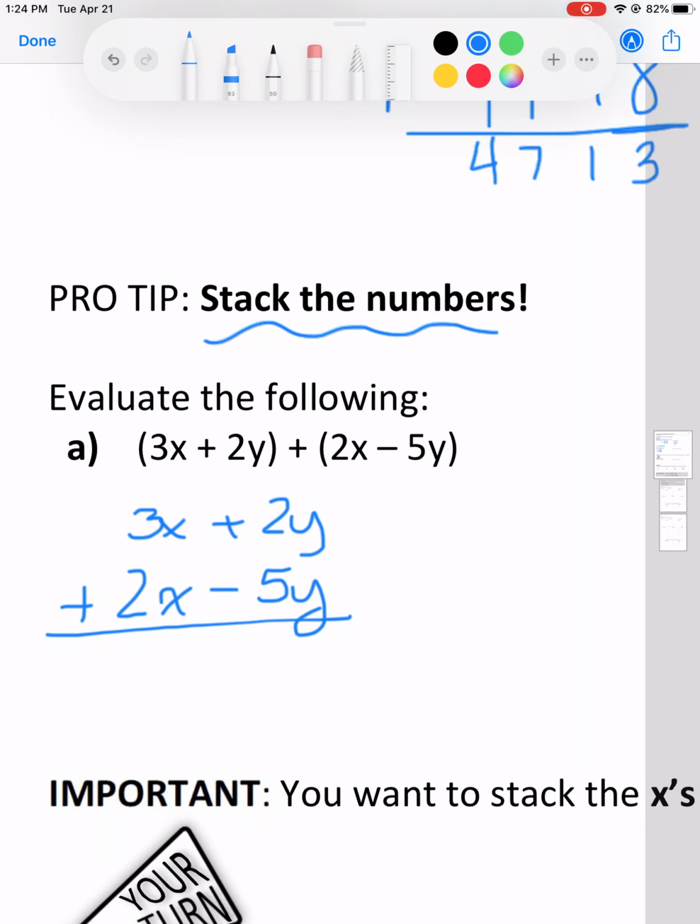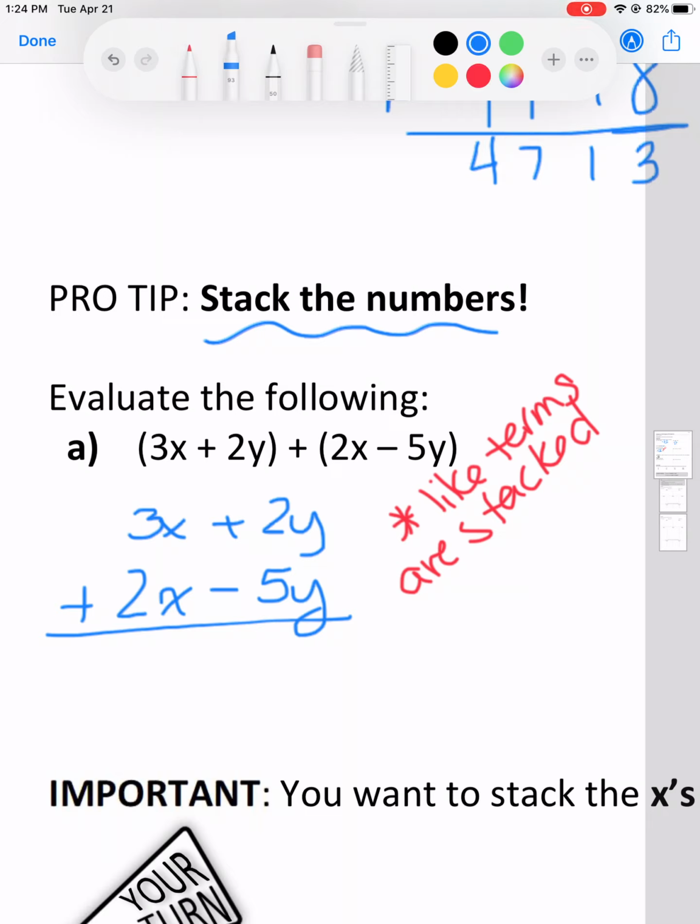They're kind of stacked on top of each other. Like terms are stacked. In case you forget what like terms mean: x and x, y and y. You're always going to do that regardless of the way the equation's laid out.